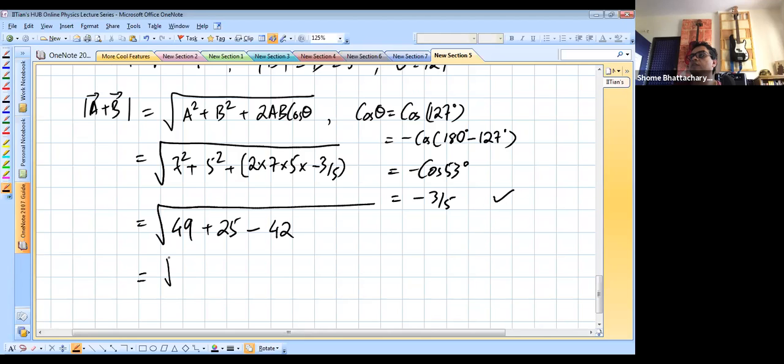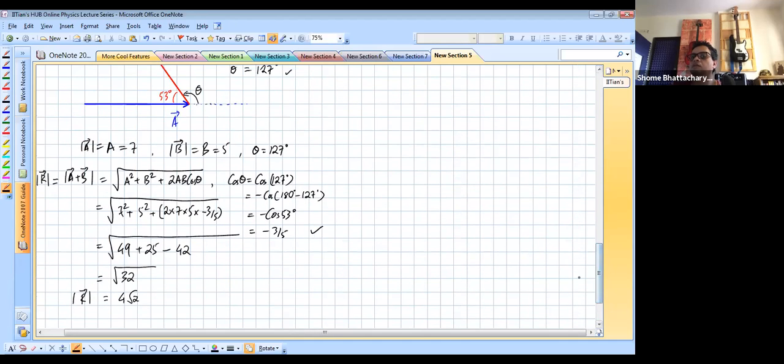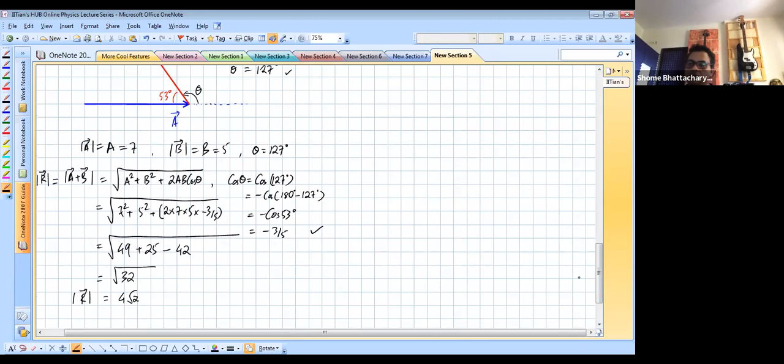Alright, so this will now finally become how much? 49 minus 42 is 7. So 25 plus 7 is 32. So that is 16 into 2. So 4 root 2 will become the magnitude. I'm just minimizing this so that you can see the solution in context of the diagram we made earlier.